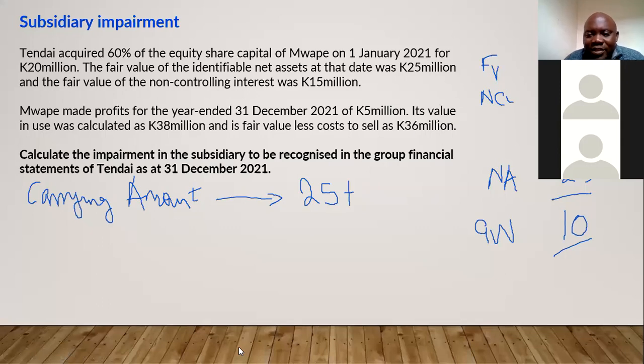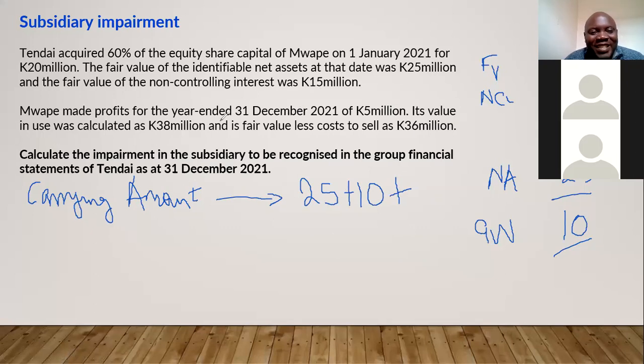Okay, sorry guys, I was a bit distracted. Let's just finish up this. So we are saying that the carrying amount will be the net assets at acquisition plus goodwill plus what? Plus the profit.